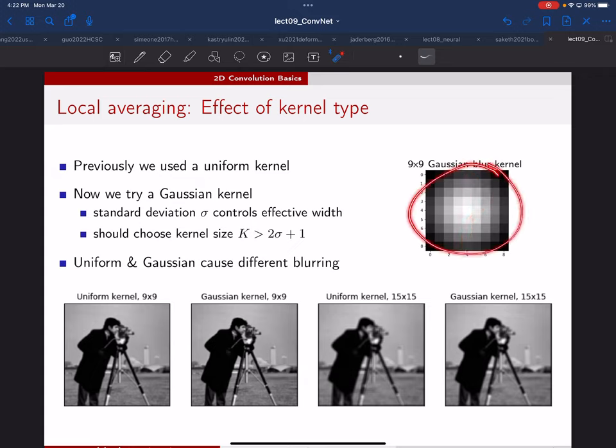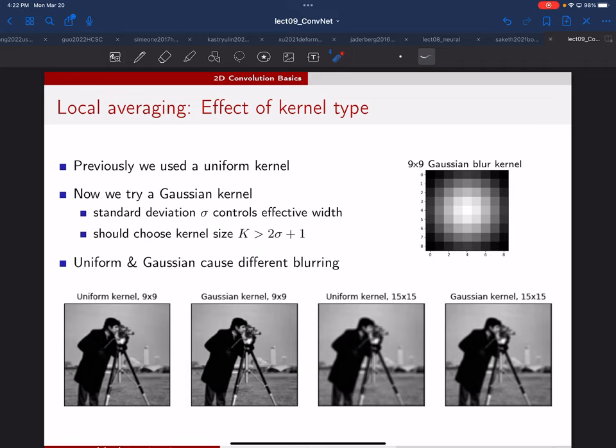Altogether this is like a two-dimensional Gaussian kernel, and it has a strongest pixel in the middle, weakest pixels on the edges. You have to specify the standard deviation, which will specify the width of the effective kernel. And if you really do want to see the tails here, you've got to make sure that the size is larger than, let's say, 2 times the standard deviation plus 1. Otherwise, it will just clip things out, and if you clip enough, it will just look almost uniform.